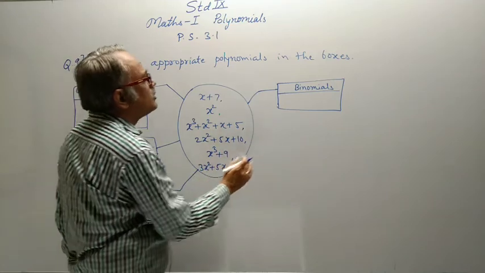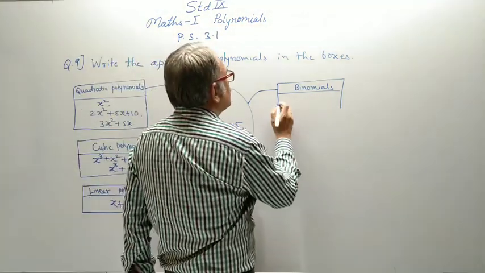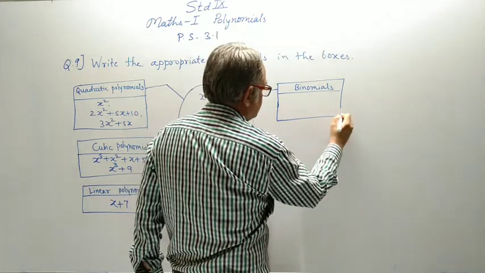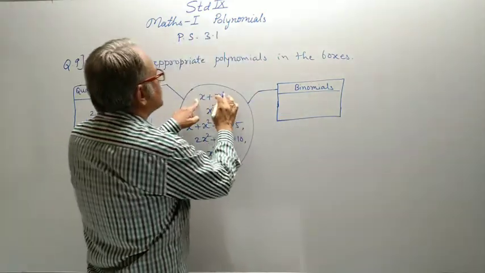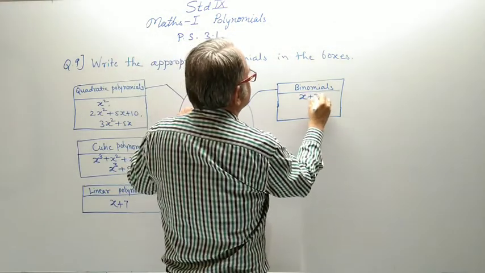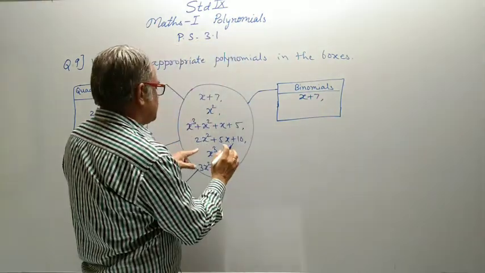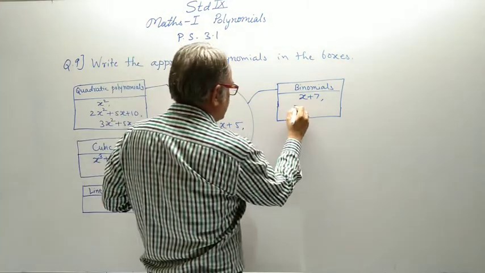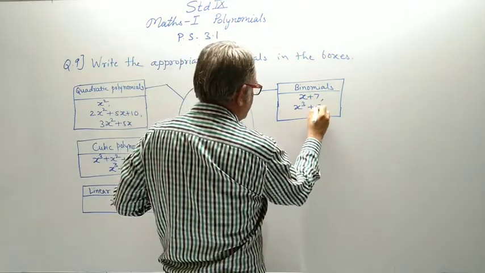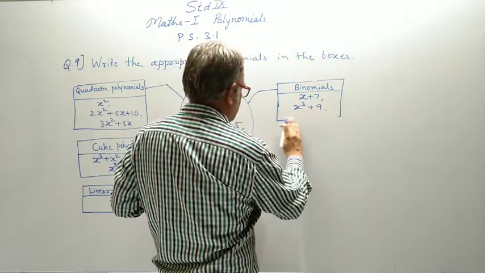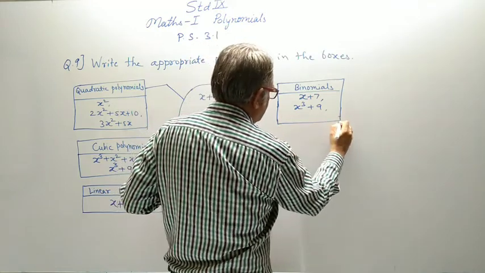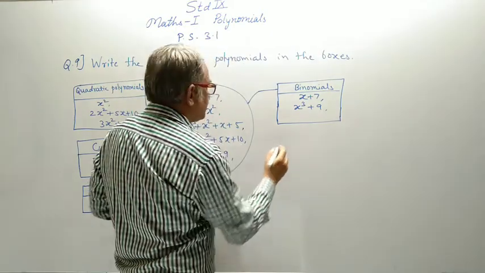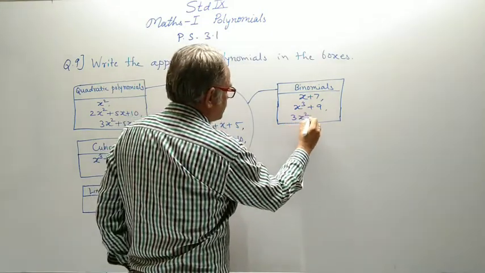This is also binomial, 2 terms. So there are 3 binomials, so we need 3 lines. X plus 7, comma, next x cube plus 9. Degree etc. is not important now. How many terms is what is important, and binomial means 2 terms. After x cube plus 9, the next one is 3x square plus 5x.